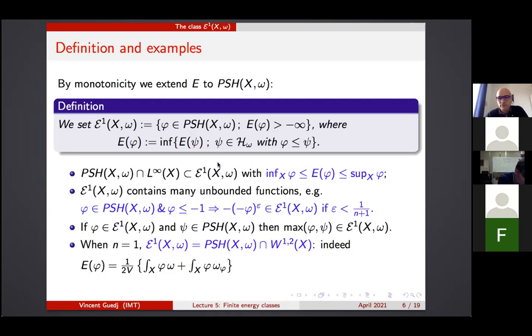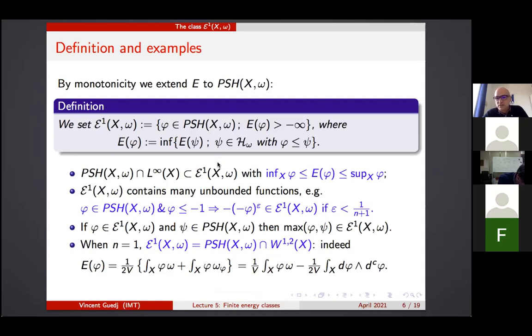And if you decompose omega phi as omega plus dd^c phi, and if you integrate by parts, what you get is this quantity. So E of phi in dimension 1 is the mean value of phi against omega minus 1 divided by 2V times the integral of d phi wedge d^c phi.